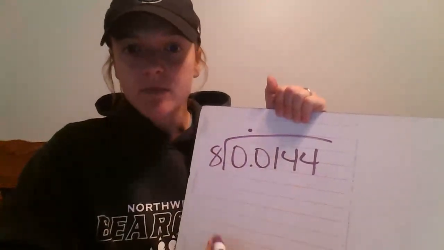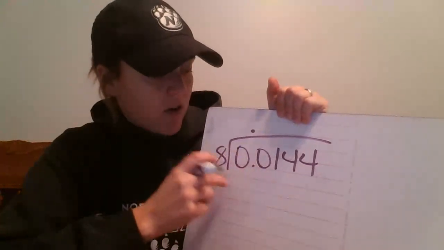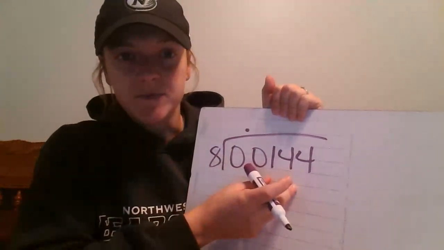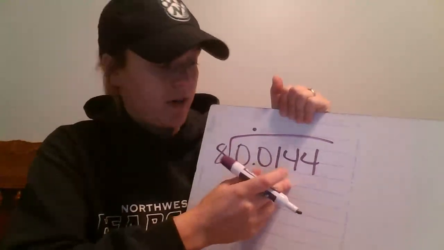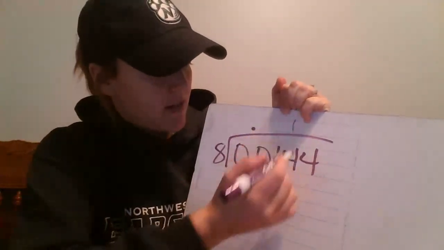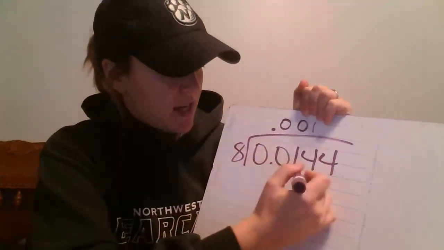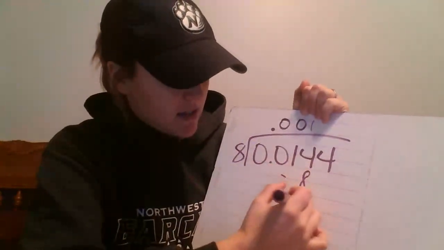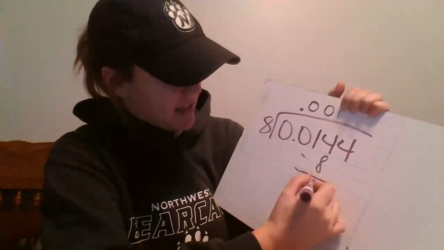Okay, now there are so many zeros that we're going to have to start all the way over at 14. So we're going to have to say, how many times does 8 go into 14? Well, we know it is 1 time, and we're going to fill the space with zeros. So 1 times 8 is 8. 14 minus 8 is 6.